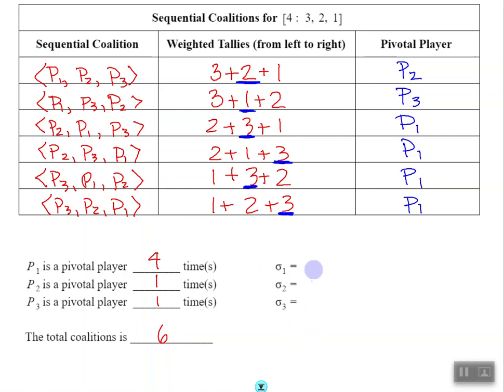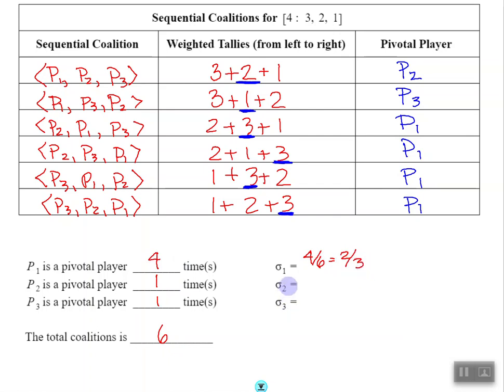For this method, we are going to use the notation sigma sub 1, sigma sub 2, sigma sub 3 to represent the Shapley-Shubik power distribution. So player 1 is the pivotal player 4 out of 6 times, which is 2/3.